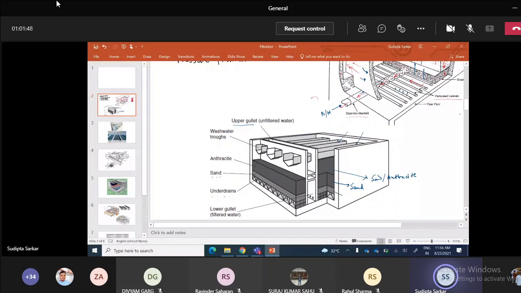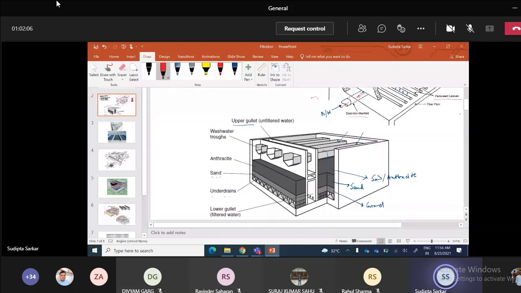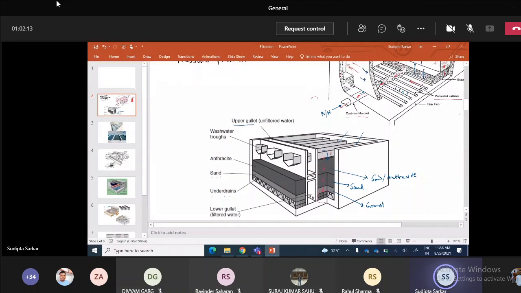The water comes out from here, passes through the anthracite bed or the sand bed, and then gets collected into the under drain, where after the gravel there are perforated laterals, and they produce this water.